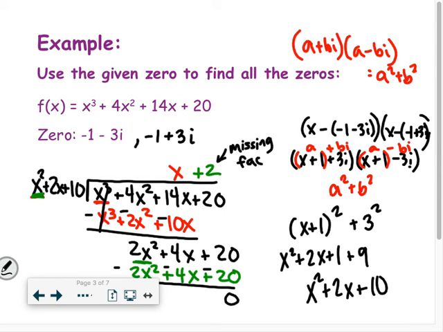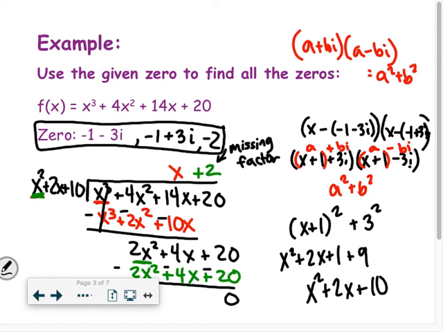And that could be our extra 0. So our extra 0 is -2. So find all the zeros, given the one zero that I know. The first one was fast. Second one, I had to do a little bit more work. All right, questions, concerns?